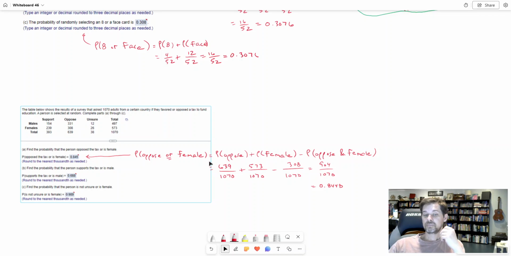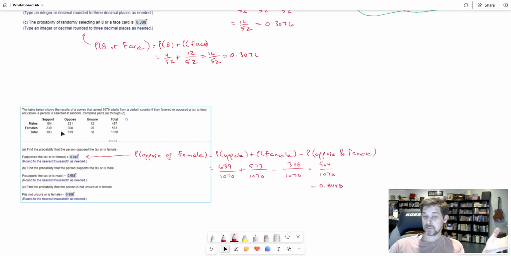And then what about this last one? The probability that somebody selected at random is not unsure. Not unsure would be either support or oppose, or is female. So we're talking about all these people, 393 of them plus 639, who are not unsure because they know they support or oppose, or is female. Well, those can both happen.